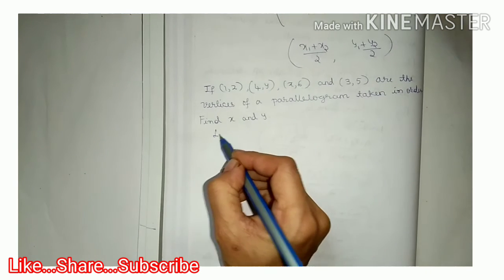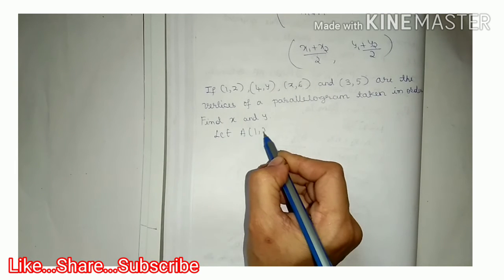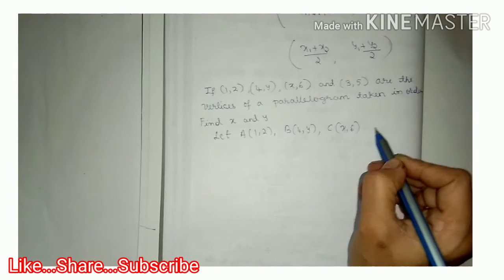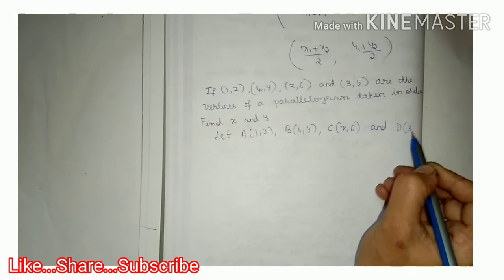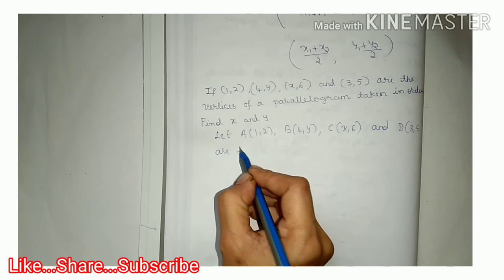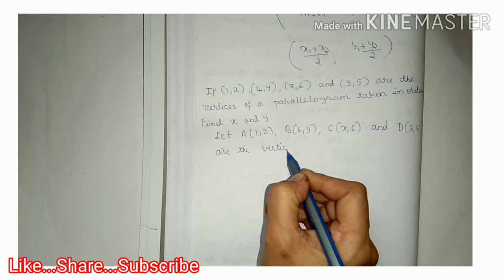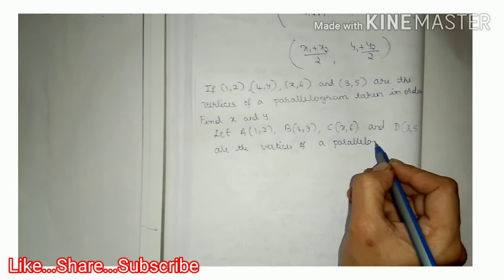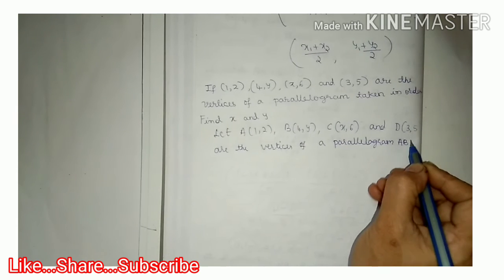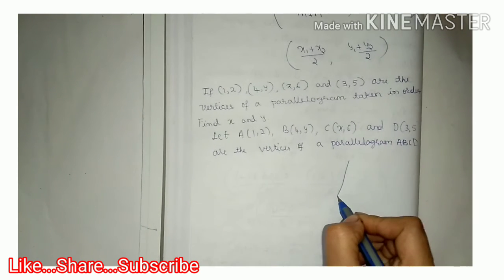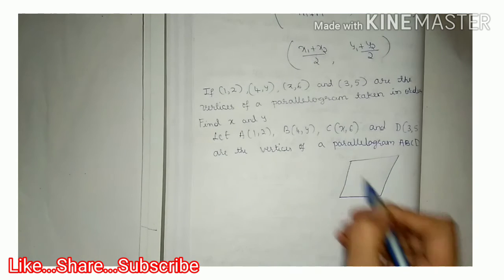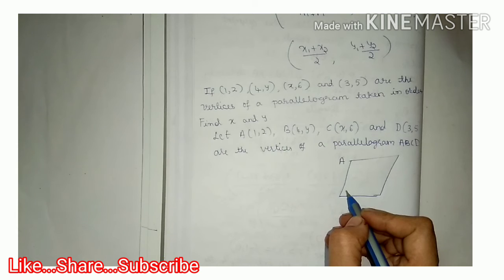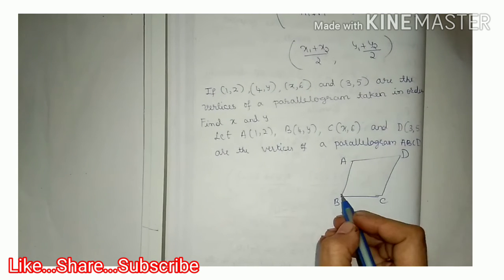Here, let A (1, 2), B (4, y), C (x, 6) and D (3, 5) be the vertices of a parallelogram ABCD, taken in order A, B, C, D.